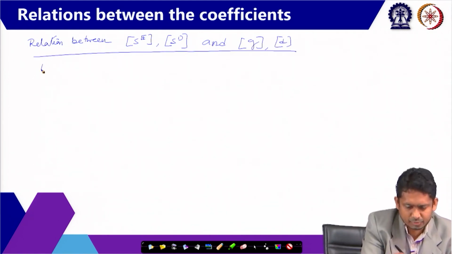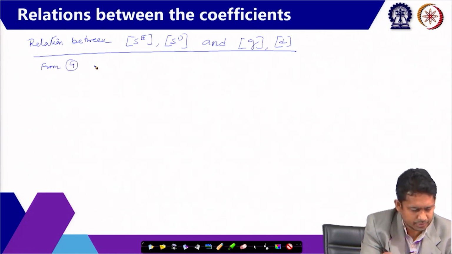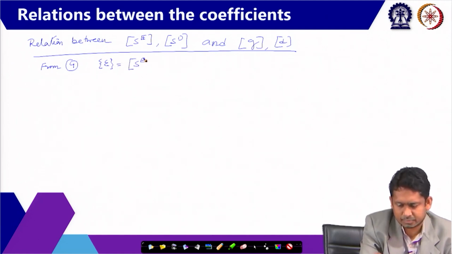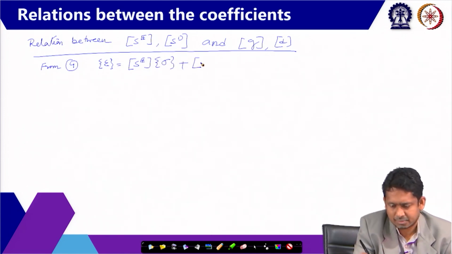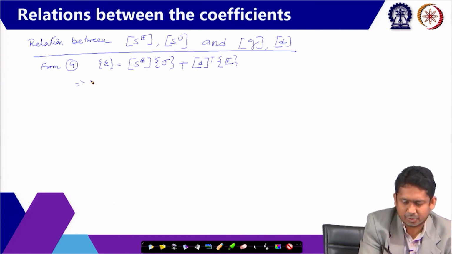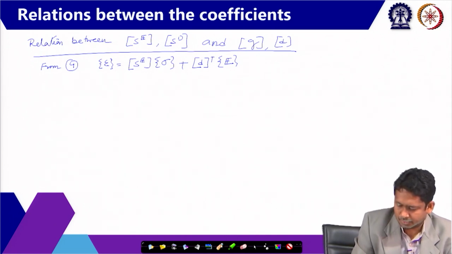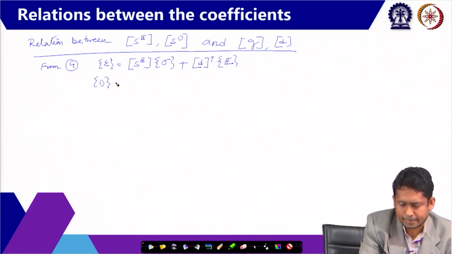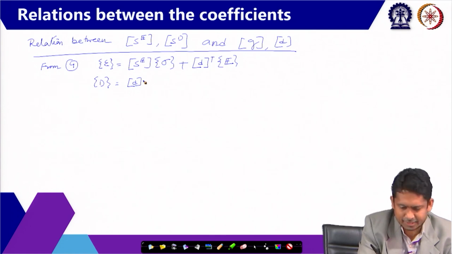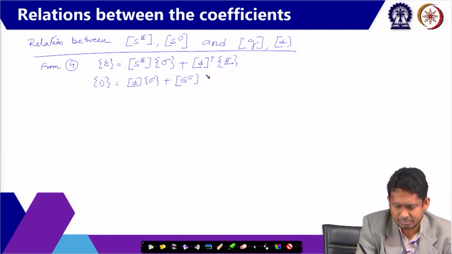Again, to do this, from equation 4 we know epsilon strain is equal to SE multiplied by sigma plus D multiplied by epsilon E, and then we also have another equation, which is D is equal to d multiplied by sigma plus epsilon sigma multiplied by electric field.